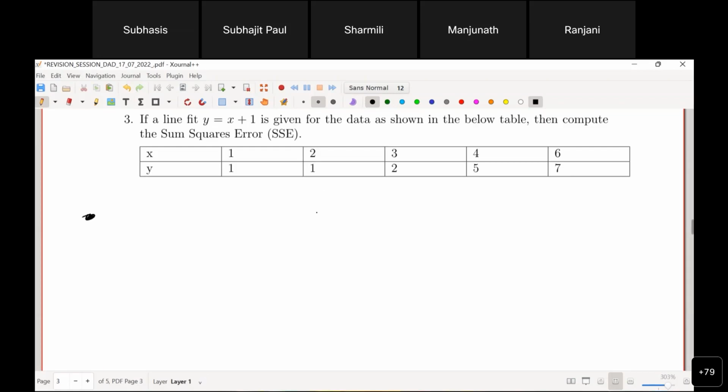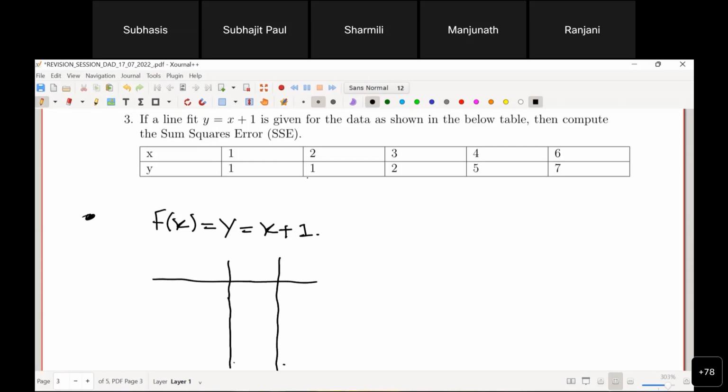So the given function is y. As you can see, f of x is nothing but y, which is x plus 1. So what we need to do is first compute, since a bunch of data is given, yi and f of xi.